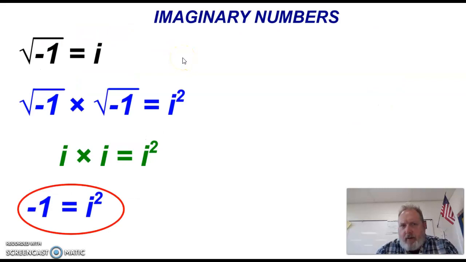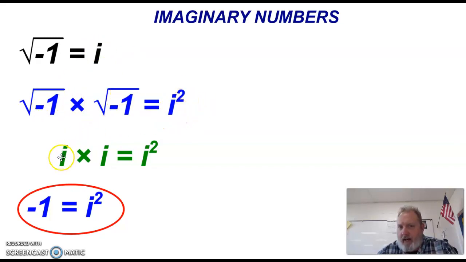Okay, imaginary numbers. So by definition, we cannot take the square root of negative 1. That is undefined. So what we do is we define this with a new number that we call i, or imaginary number. So the square root of negative 1 is now defined as i. If I were to take the square root of negative 1 times the square root of negative 1, that would in turn be i squared.